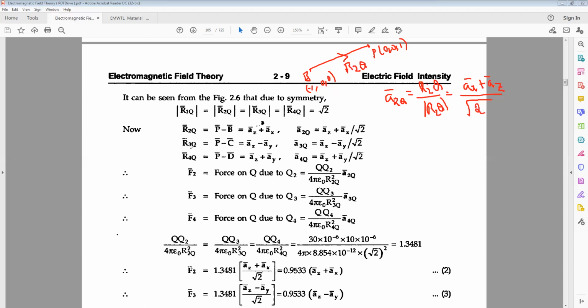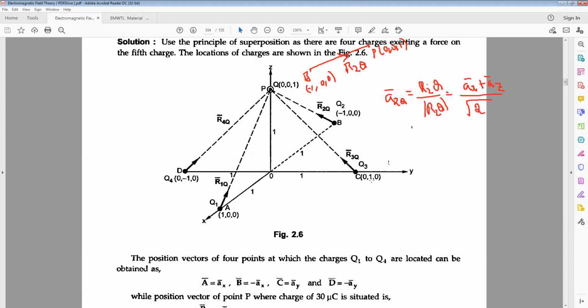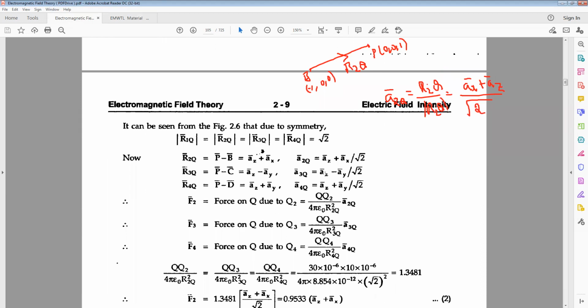Similarly, you can find R3Q, that is P minus C. What is C here? C is 0, 1, 0, with 0, 0, 1, meaning 0 minus 0, there is no X term, and 0 minus 1, minus AY bar plus AZ bar, under root of 2 only, with coefficients 1 and 1 only.